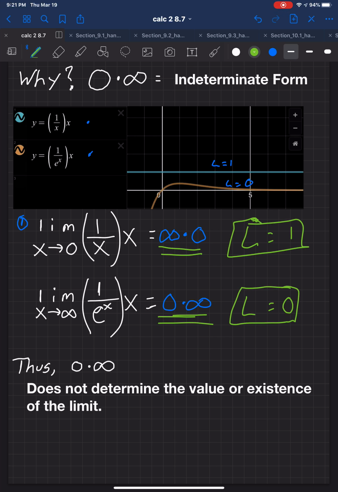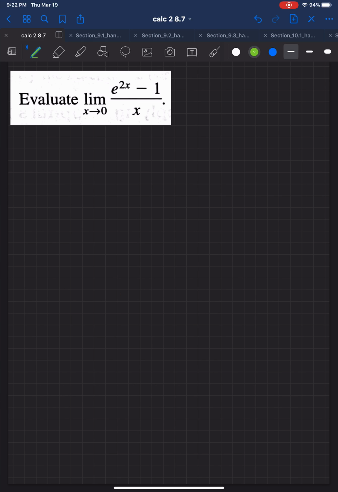It does not determine the value or the existence of the limit. So I hope that that little aside helps you with some of this new notation.